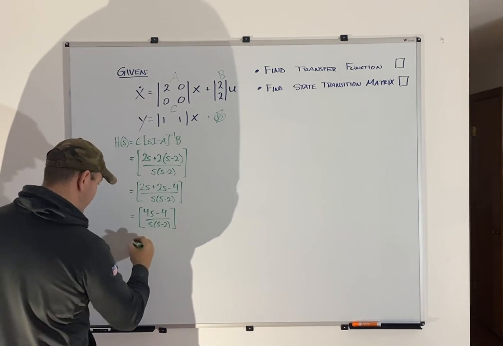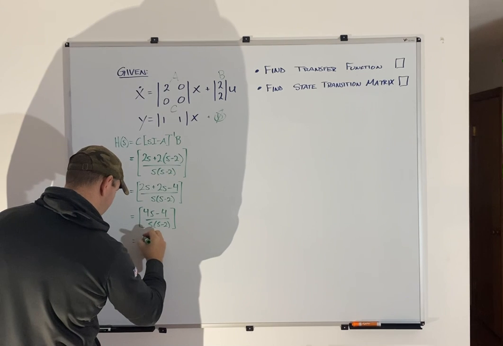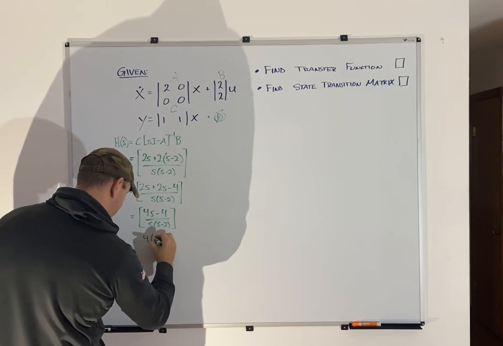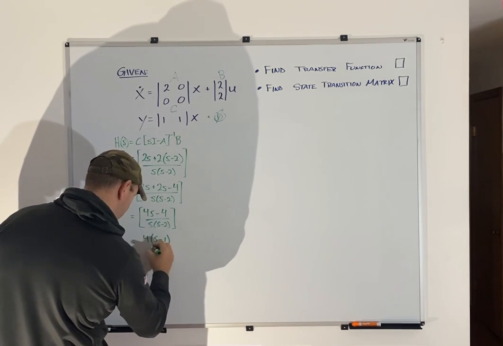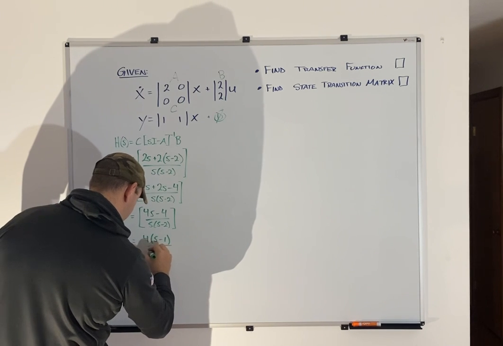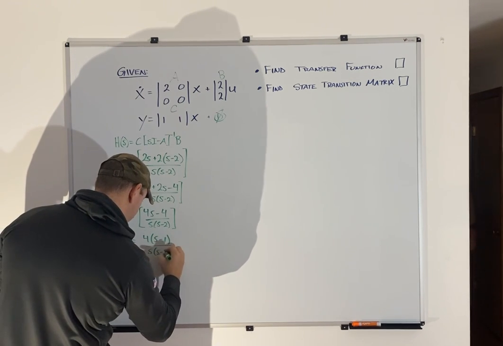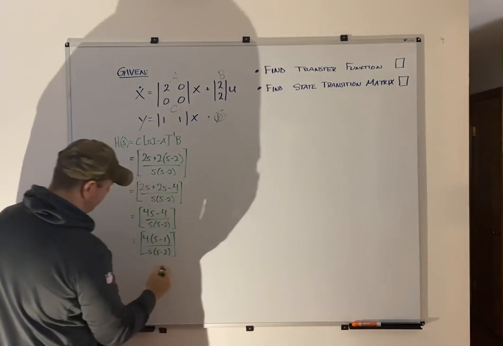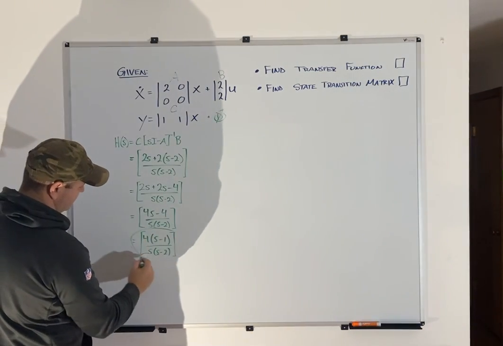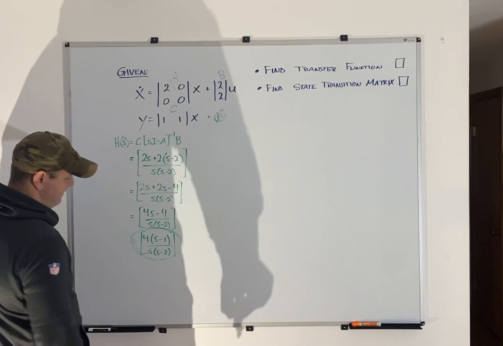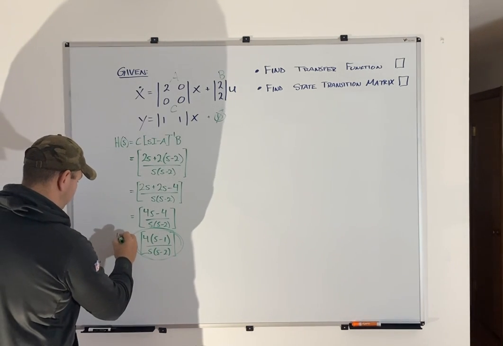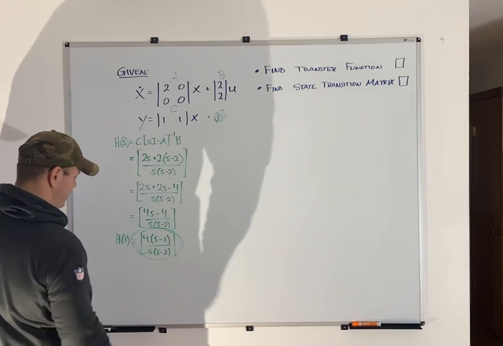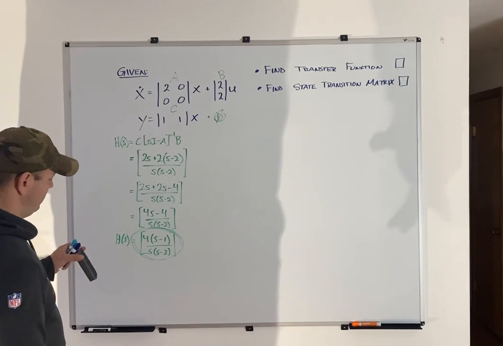All right, let's clean that up. 4 times S minus 1 divided by S times S minus 2. Final answer. Here's your transfer function, H of S. Now, recall this as well.